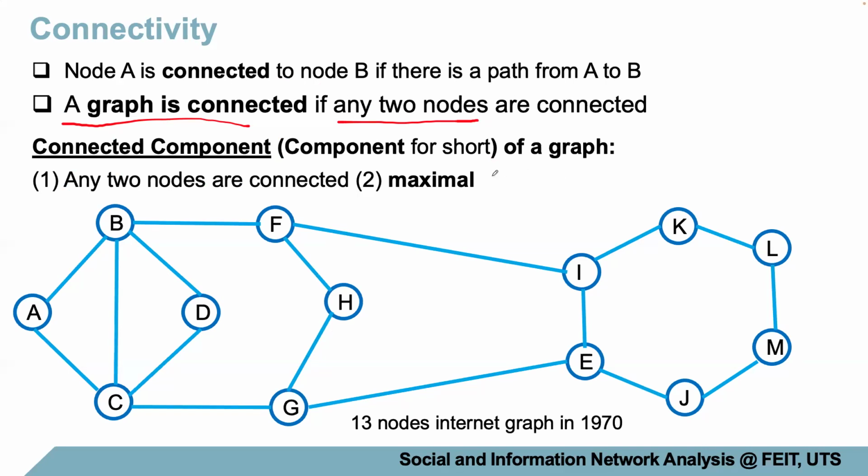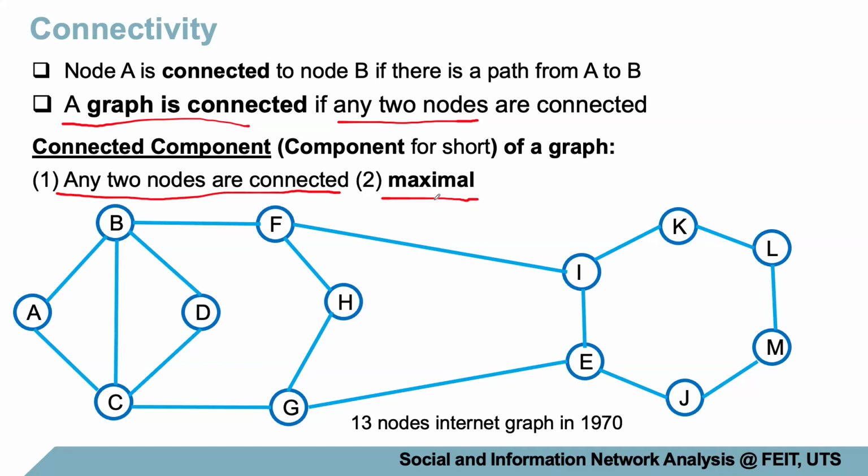One really important definition here is the connected component, or component for short, of a graph. It is a subgraph where any two nodes are connected inside the connected component.